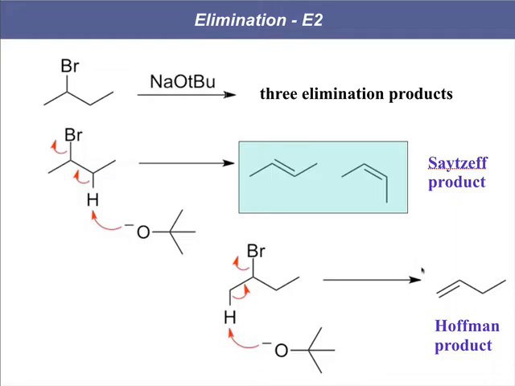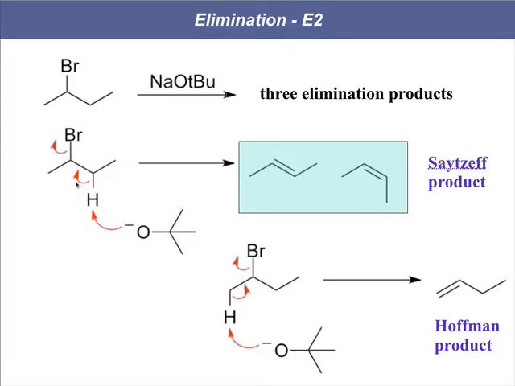But this double bond is only mono-substituted. The only carbon substituent coming off of this Hofmann product double bond is this ethyl group, a single substituent. So Zaitsev's rule works because by removing a hydrogen from the carbon with the fewest hydrogens, you will always get the more substituted double bond.